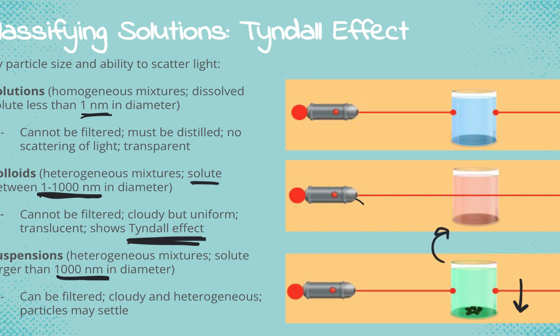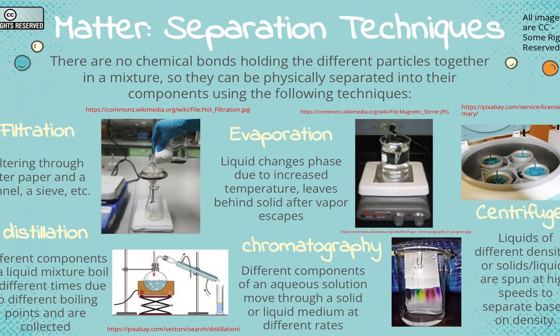But in this one, the solute particles are so large, have a greater density, and have settled to the bottom, so it does not show the Tyndall effect. I'll talk about filtration on the next slide.